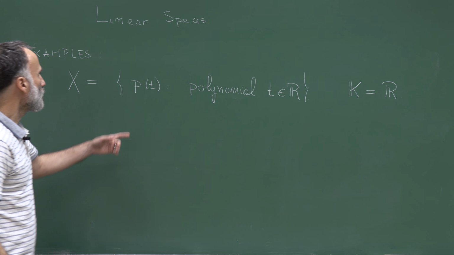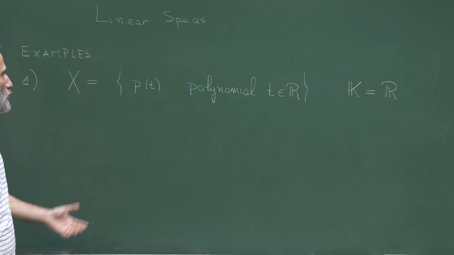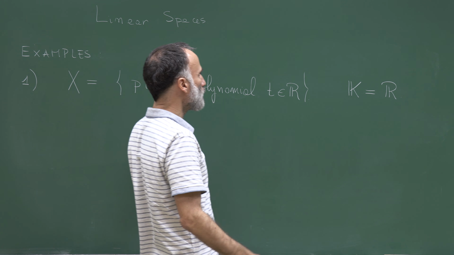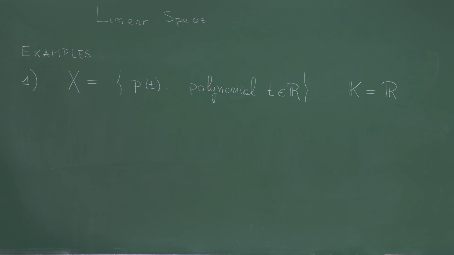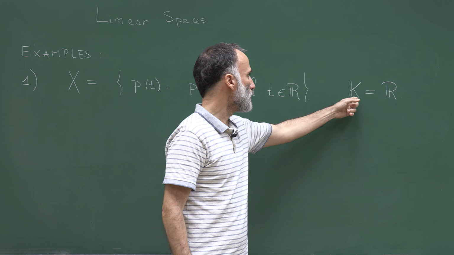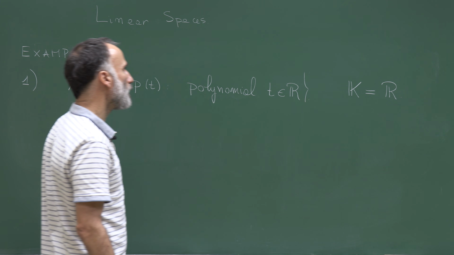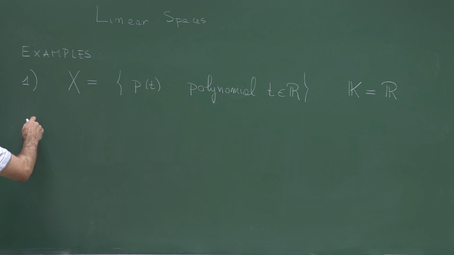Of course, we can define addition of polynomials in the usual way and multiply a polynomial by a real number and get another polynomial. You can check that indeed X with the usual sum and multiplying a polynomial by a real satisfies all the assumptions I presented in the definition.